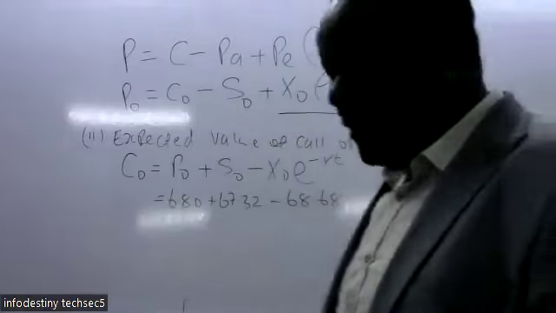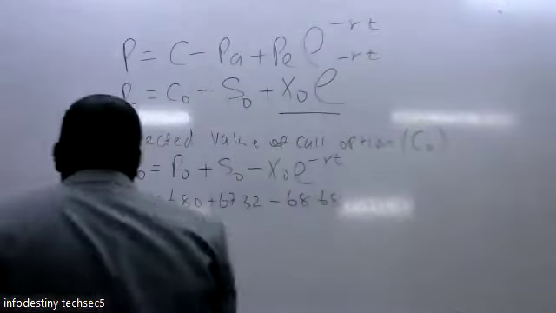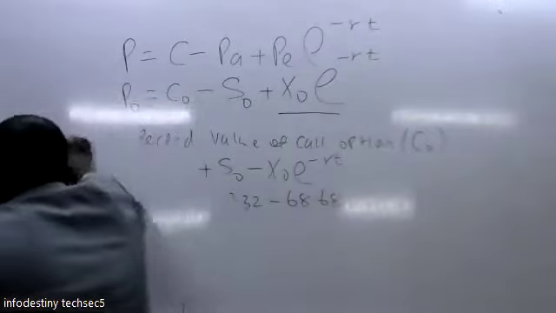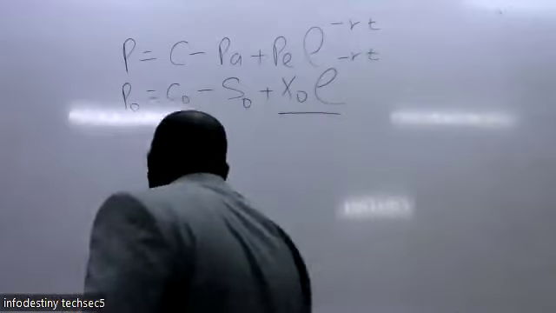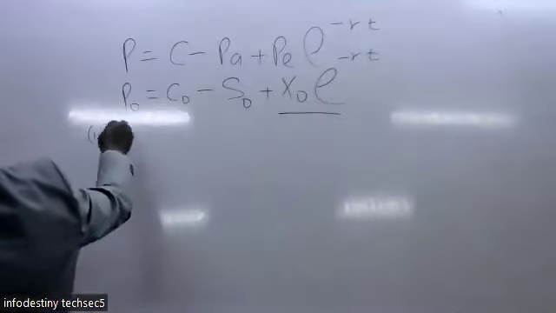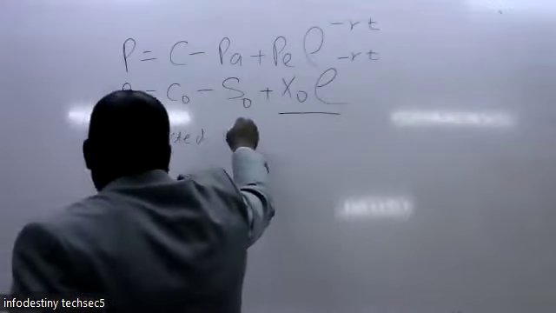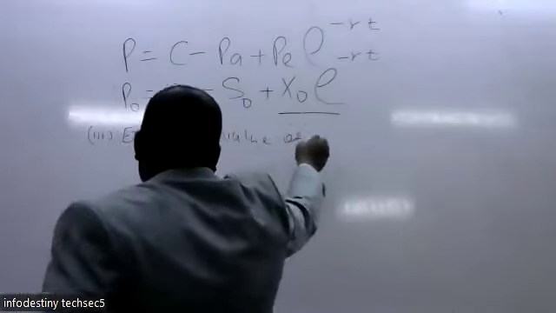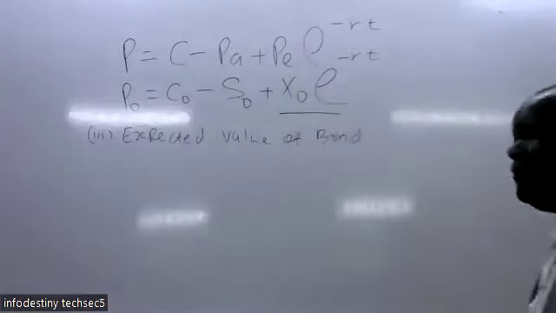So now we get to Roman letter 3. Roman letter 3 should now be the expected value of the bond.